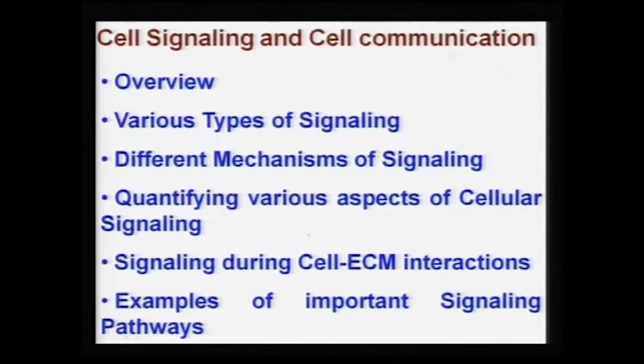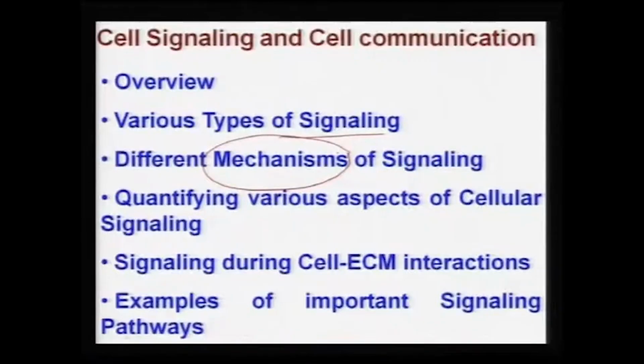So, from this perspective, the overall structure of this presentation is as follows. First, I will go through an overview of the cell signaling processes, followed by the various types of signaling. Then I will come to the different mechanisms of signaling, that is, how these signaling processes take place, how signals are generated from the source cell and communicated to the target cell.